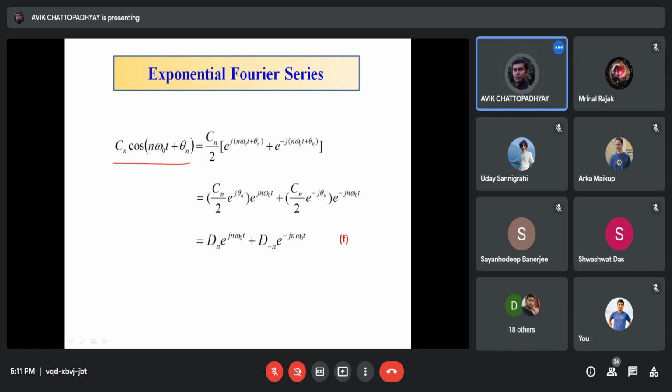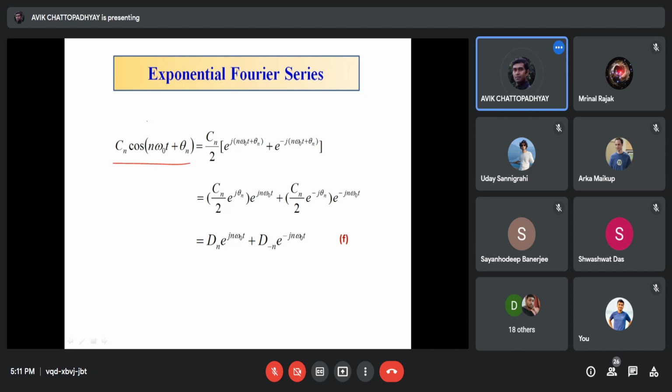This is Cn cos(n omega naught t + theta). Now we can represent it in terms of complex exponentials, plus and minus, and obviously that would be divided by 2, so the half term is clubbed together with Cn, so Cn divided by 2.